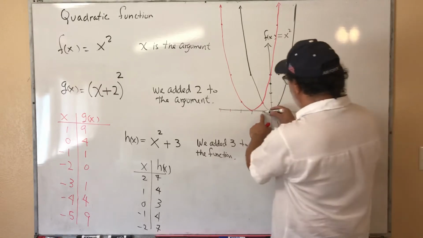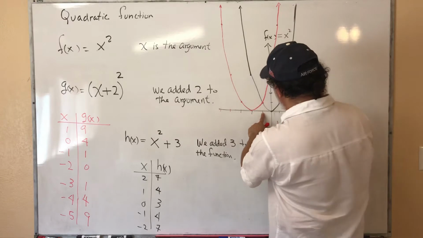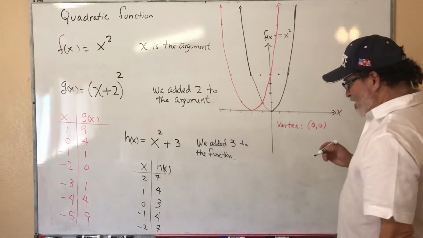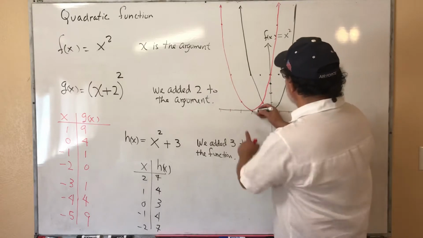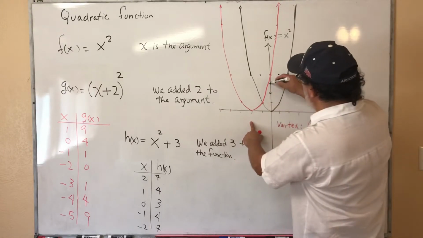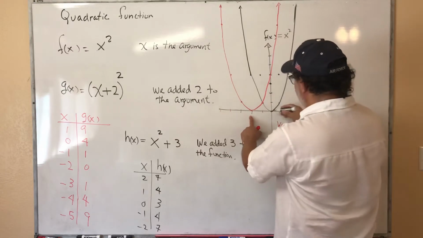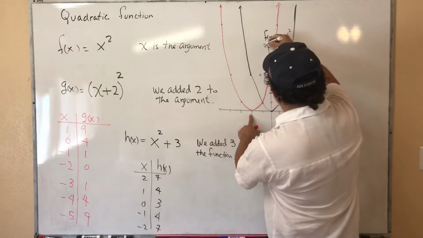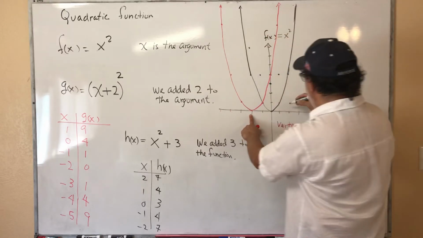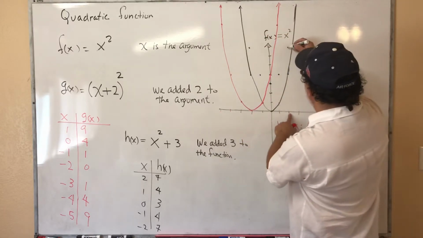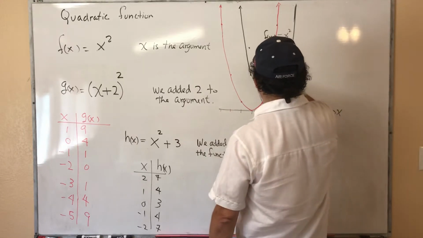If x is negative 1, we get 4 right there. If x is negative 2, we get 7. 1, 2, 3, 4, 5, 6, 7. Negative 2, and we get 7 right there. If x is 2, we also get 7 right around there. And so this is what we're getting.